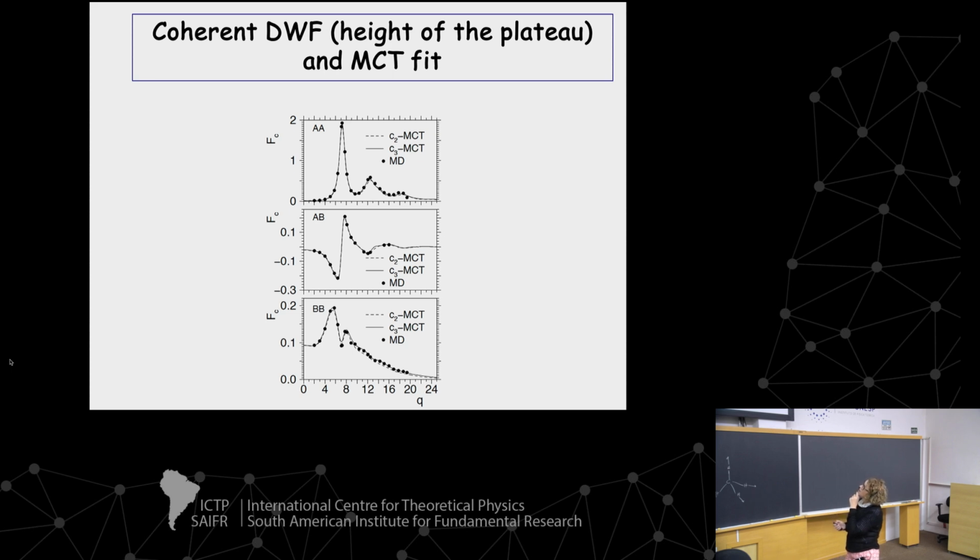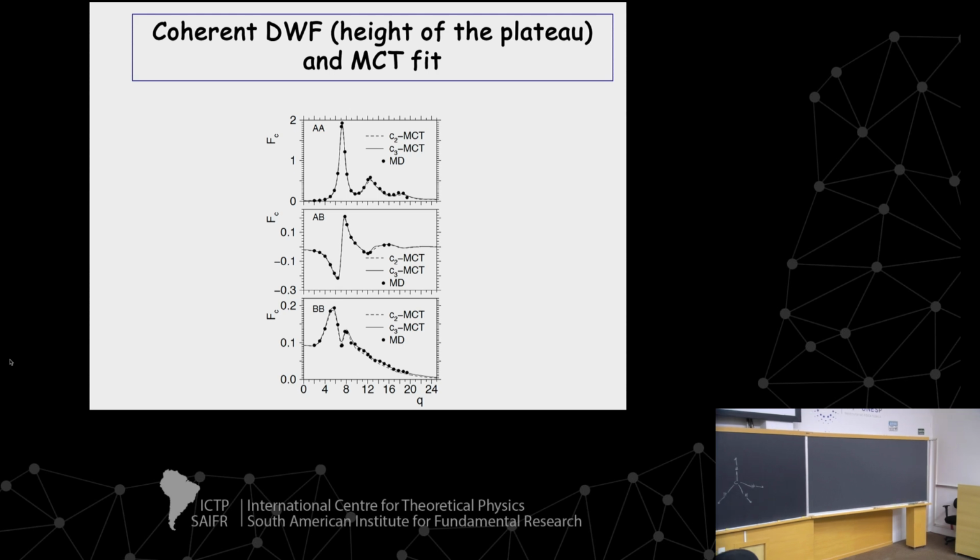This is the coherent Debye-Waller factor that you can calculate out of the theory for AA, AB, and BB. So the Lamb-Mössbauer factor or the Debye-Waller factor, they look different.